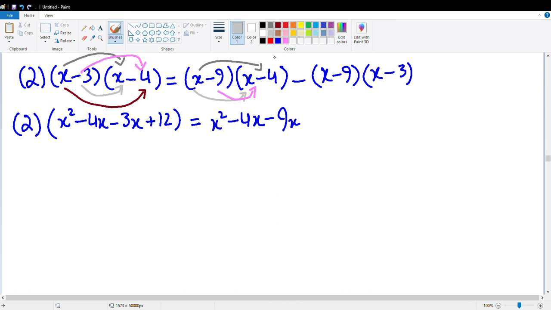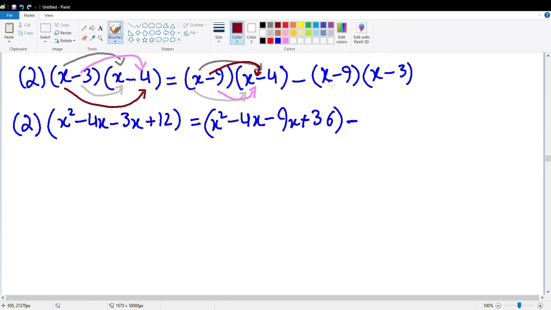And then, let's see, which one can we still use? Yeah, the brown. Minus 9 into minus 4. Anyway, minus 9 into minus 4 will get plus 36. And there's a minus sign right here.